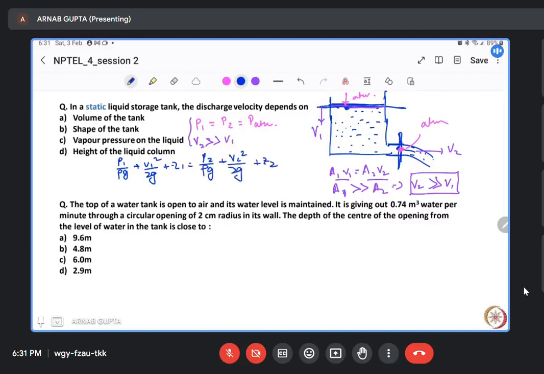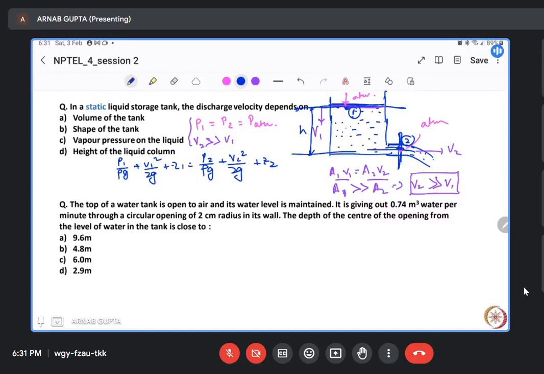Z1 is the potential head of the liquid in section 1, and Z2 is the potential head at section 2. So Z1 minus Z2 is nothing but the height of the liquid column. If this height is Z1 and this height is Z2, measured from absolute zero, the difference between them is H.